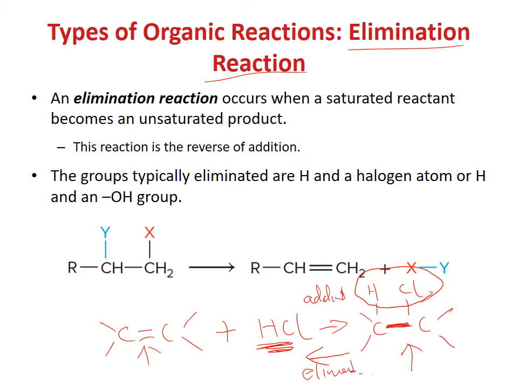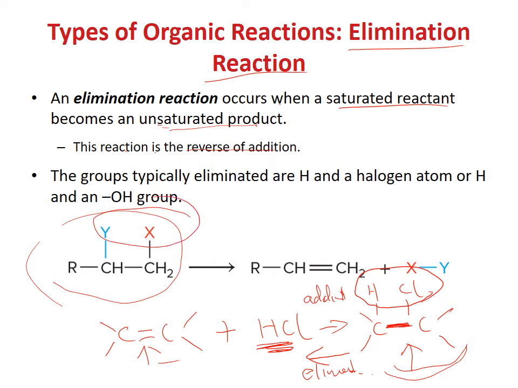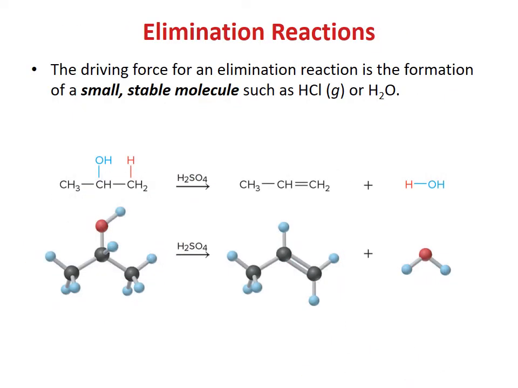Elimination reaction occurs when a saturated reactant becomes an unsaturated product, and this is the reverse of addition reaction. In general, we can write a saturated molecule, a small molecule XY comes off, and the molecule becomes a double bond. Here is an example of elimination reaction.